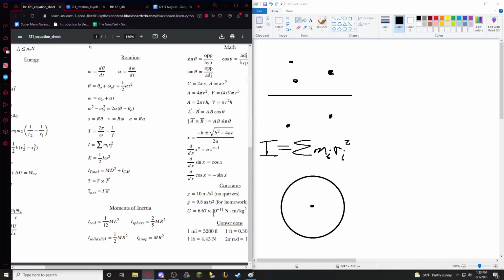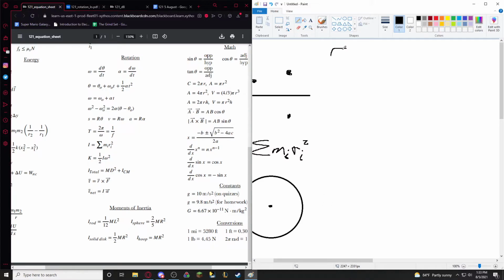We have to take the cross product of the force and the distance. And specifically, it's actually the other way around. The torque, which is this little tau, is equal to the displacement vector.